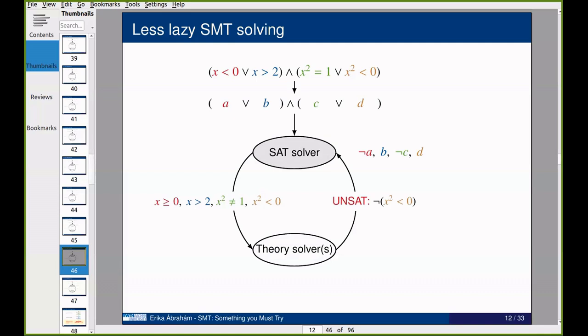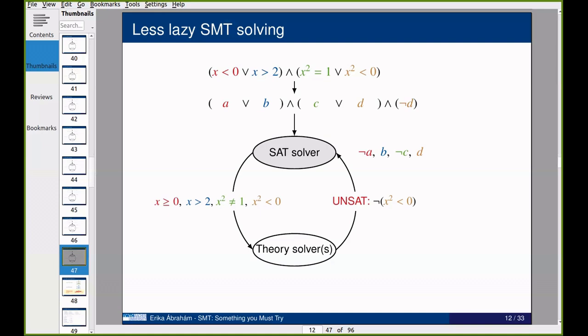And the solver could now say, well, X squared less than 0 cannot be true. This is a general truth. So the SAT solver might refine its Boolean abstraction with the information that D cannot be true. D needs to be false.